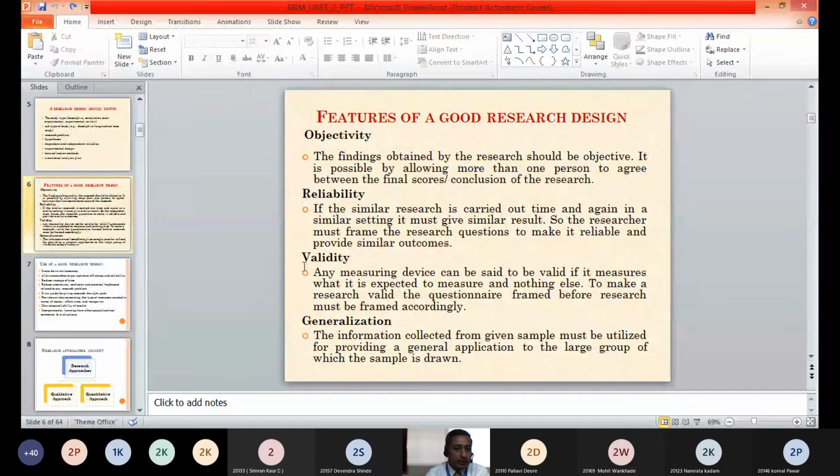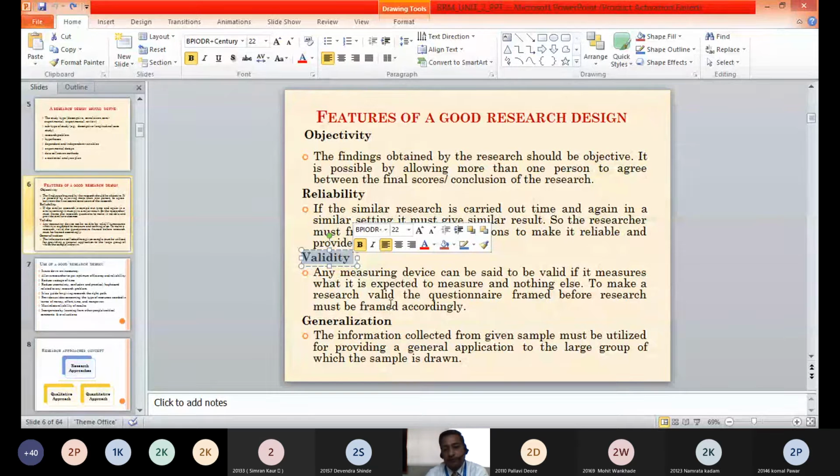Another similar term, which is a very important quality of any research design, is validity. Validity, who will tell me that? I have told you in the last session. What is validity?